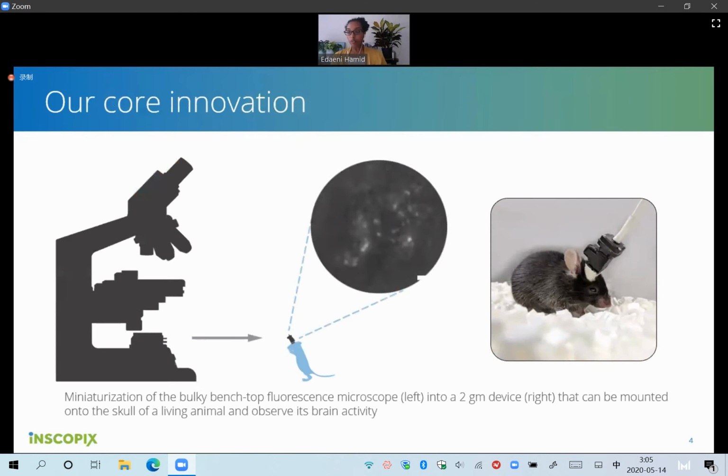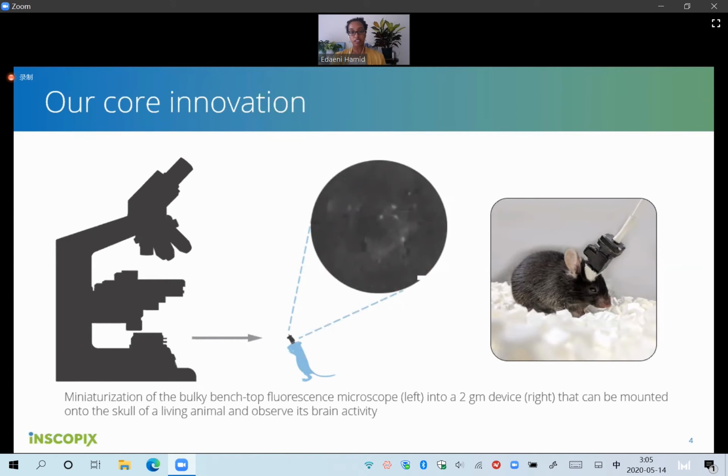At the core of the Inscopix innovation is the miniaturization of bulky benchtop fluorescence microscope into a device that can be mounted on the skull of a living animal. And this initial product was actually developed by our CEO, Kunal Ghosh, at Stanford in Mark Schnitzer's lab. You can see from this beautiful dorsal striatum recording the kind of data that you can capture using these miniature microscopes.